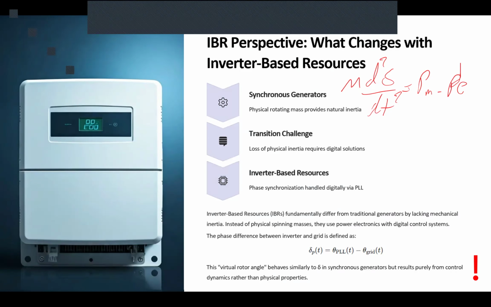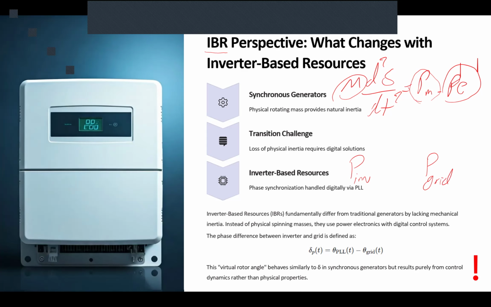Now, in an IBR-integrated grid, we don't have mechanical power and we don't have this inertia, and we don't define anything specifically as electrical power. But what we have in inverter-based resources is our input power, which is the power of the inverters, and the grid power, what the grid demands.